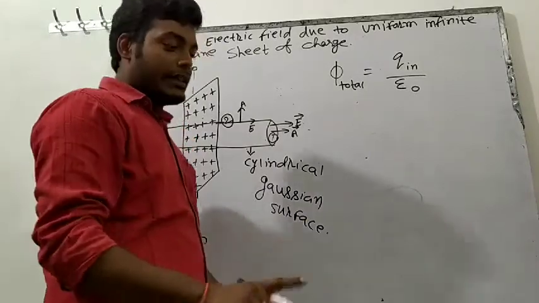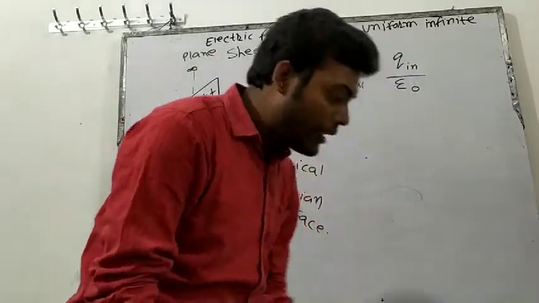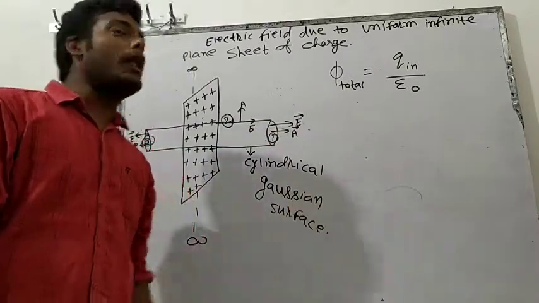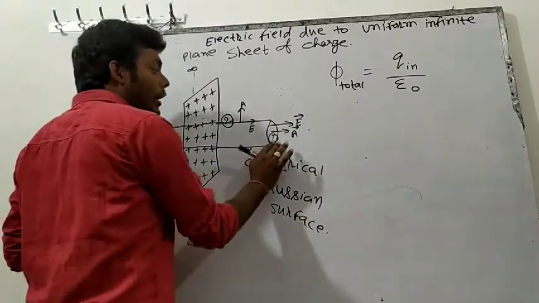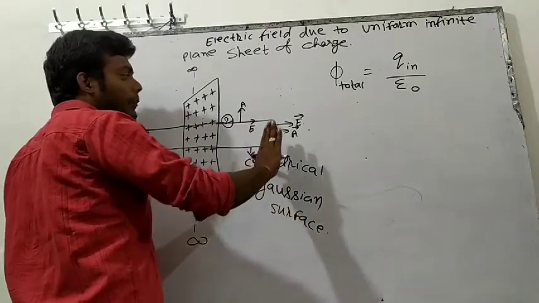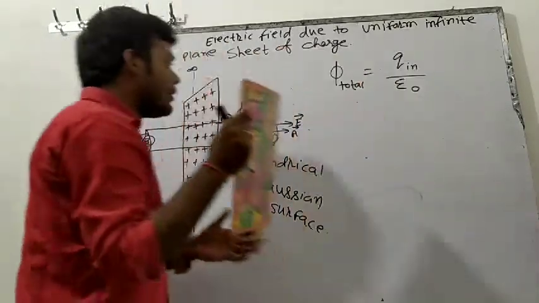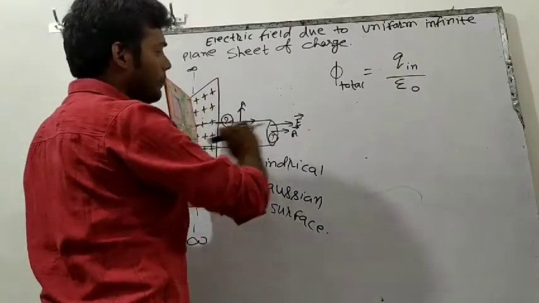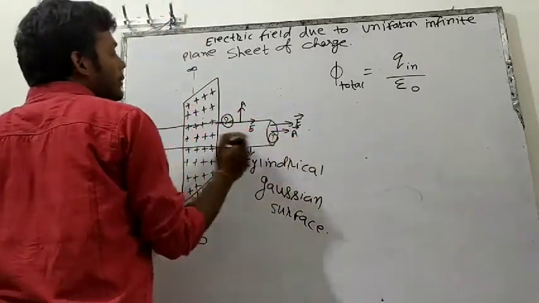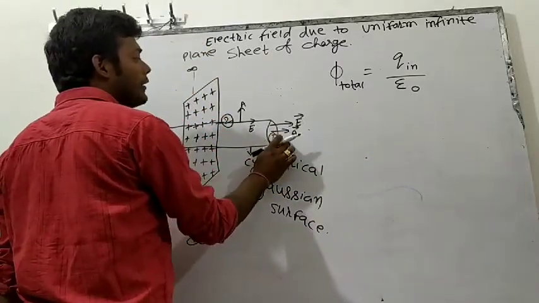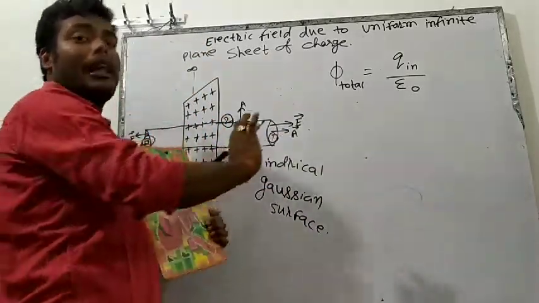Now we have to understand which surface will contribute in making flux. If I talk about the first surface, what will be the direction of the electric field vector? Due to the positive charge, the electric field direction will be away from the sheet. And the area vector will be normally outward.